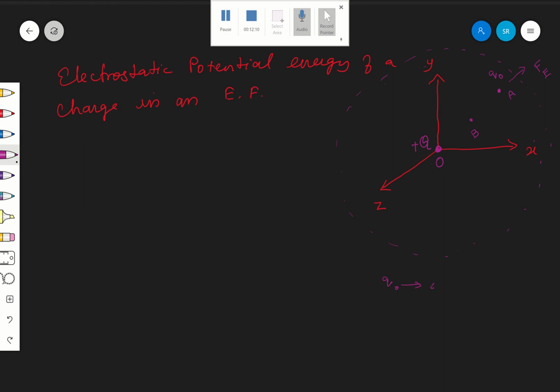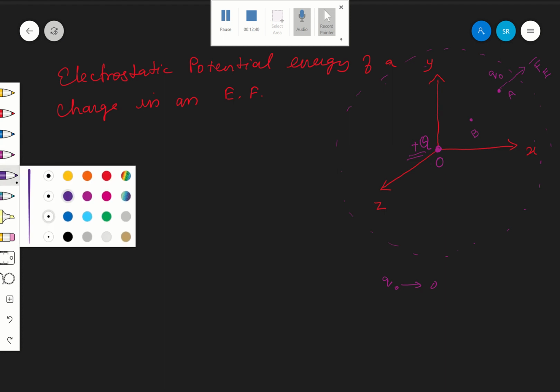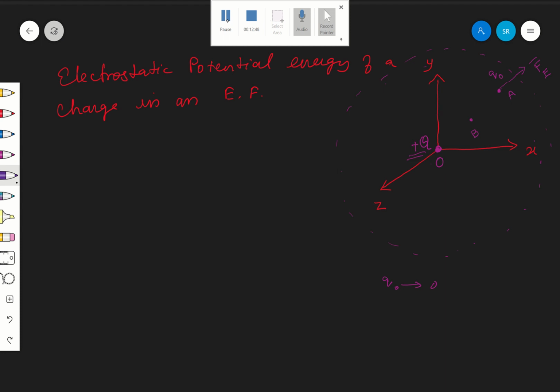A test charge should not have any influence on the original electric field produced by plus Q. Once I keep it, it will experience a repulsive force due to the electric field produced by plus Q. But I want to move this Q naught through a very small distance, that is dr.